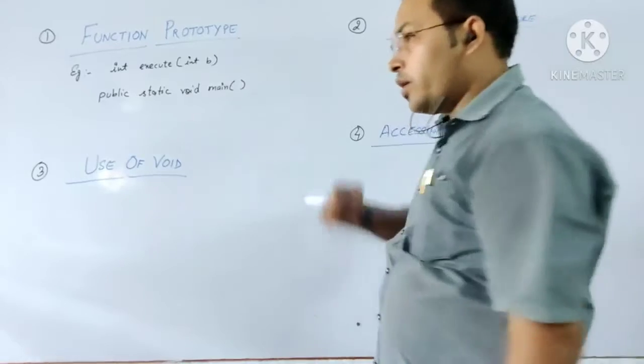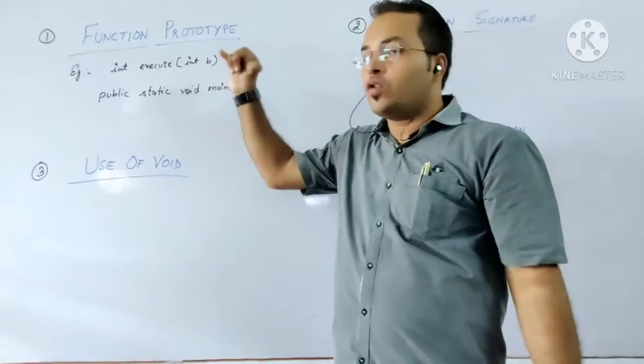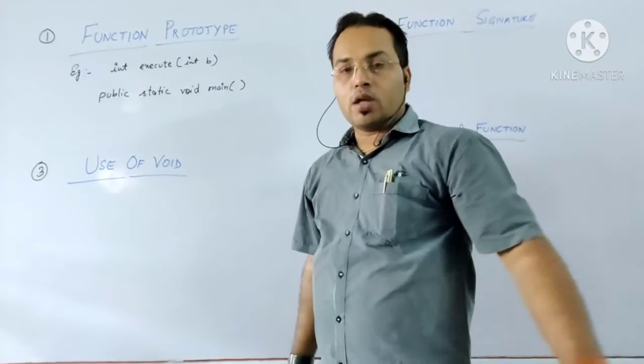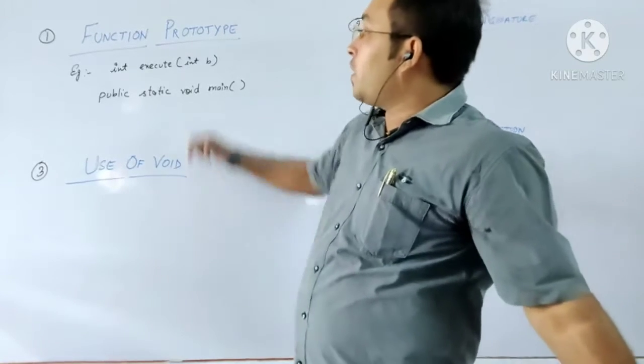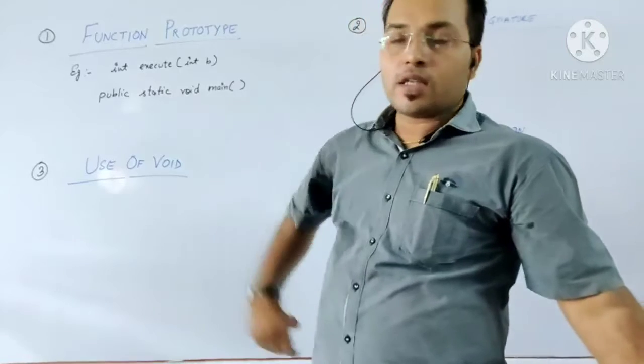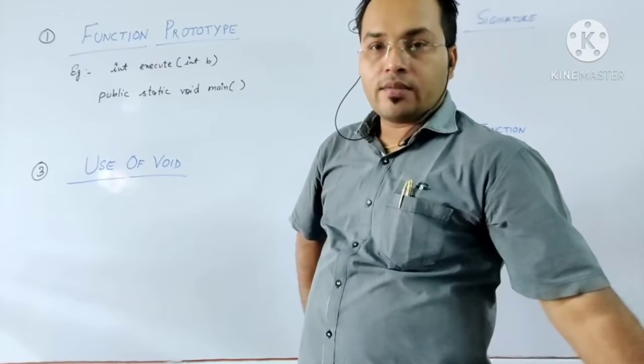After the function prototype we don't have to use a termination sign, because in a function the termination sign is not required. So function prototype is what? It is the first line of the function definition. Clear?